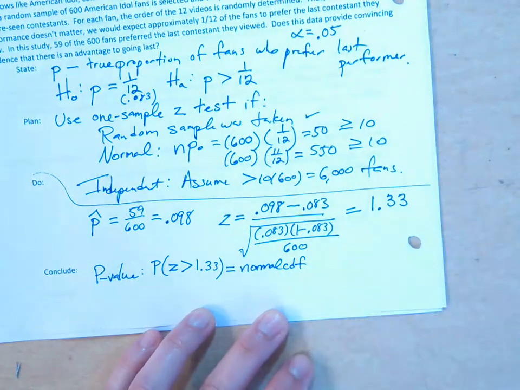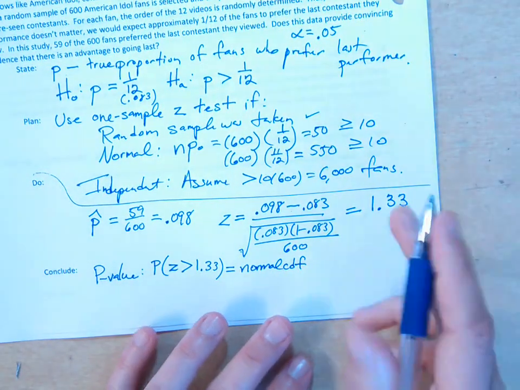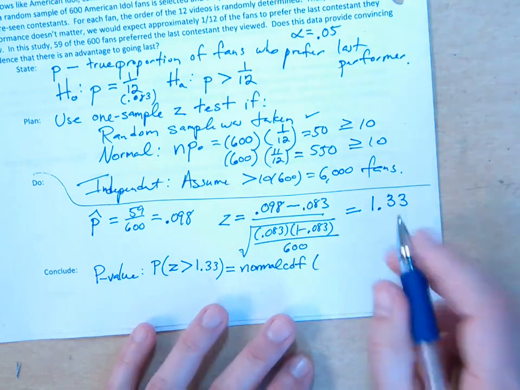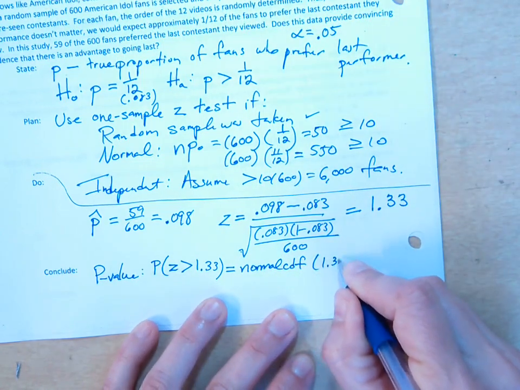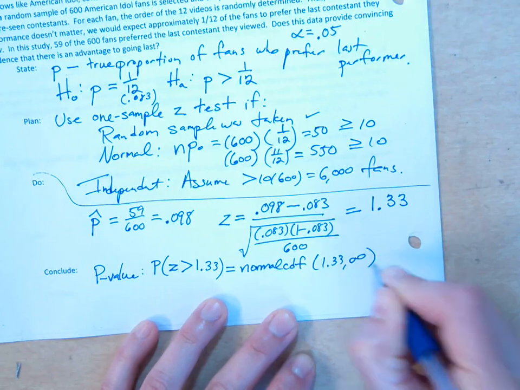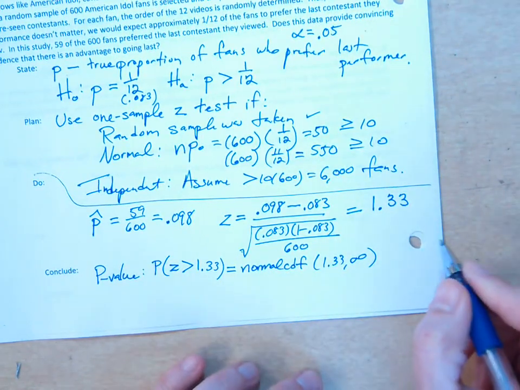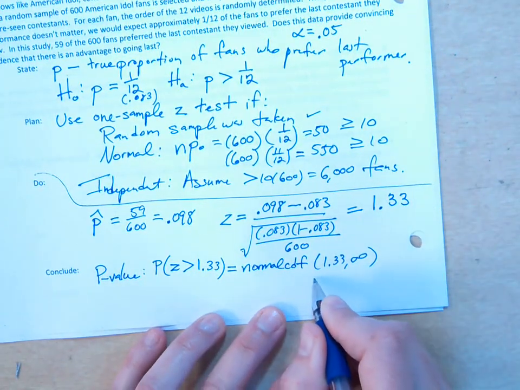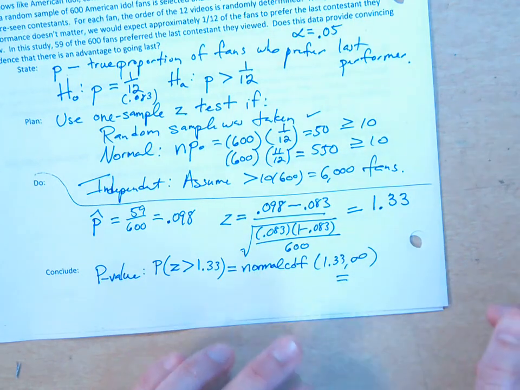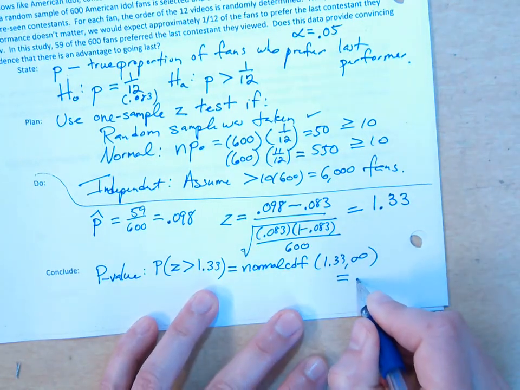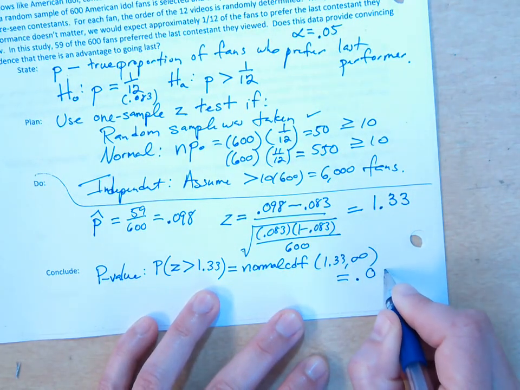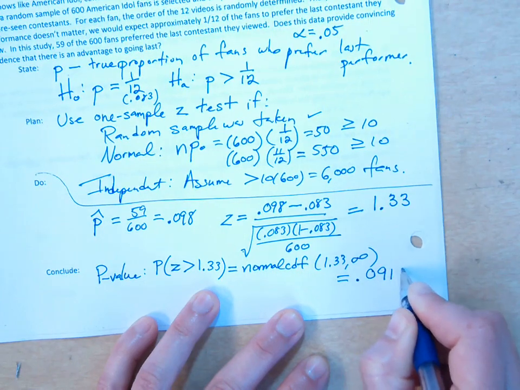The default mean and standard deviation are already 0 and 1, so 1.33 to infinity. You don't have to enter the mean and standard deviation. So our p value is, be sure that you can get 0.0918.